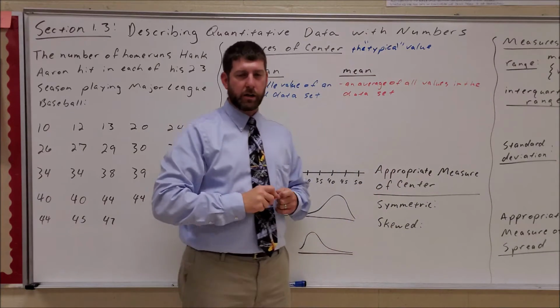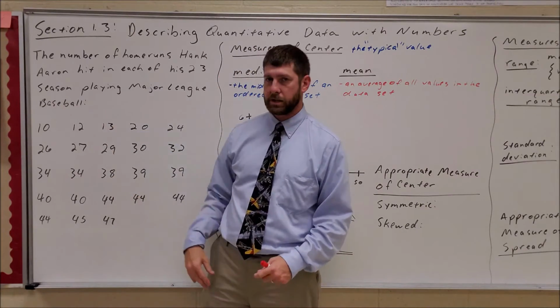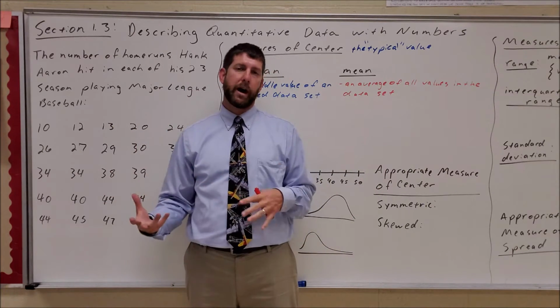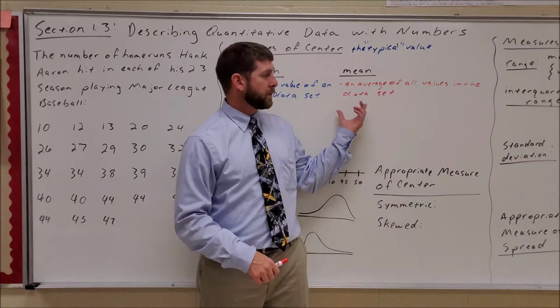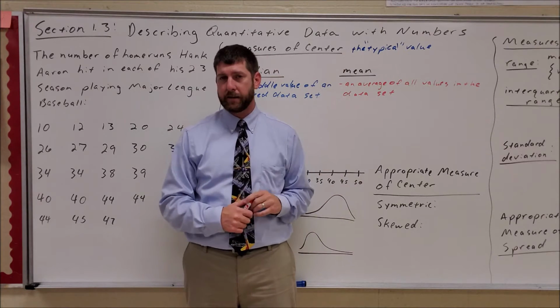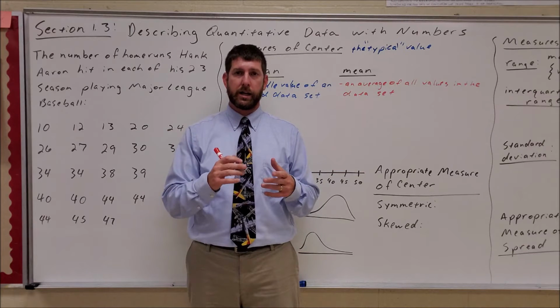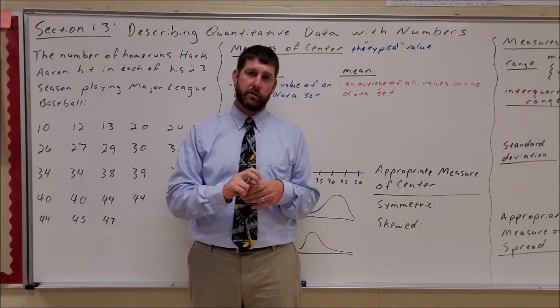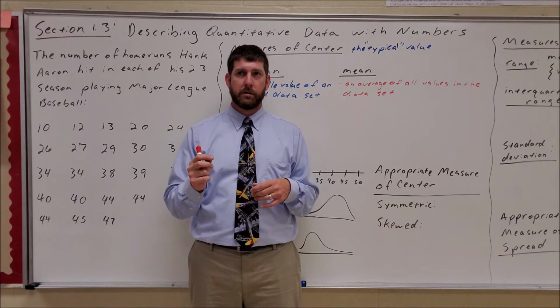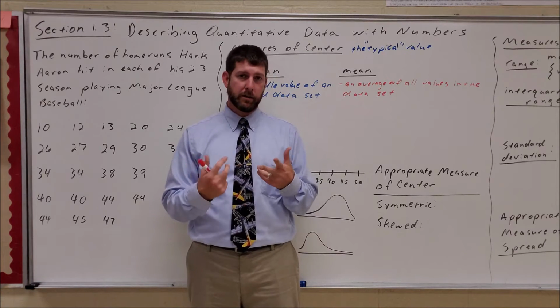You all know average: you take all the values, the entire list of numbers, add them all up and divide by however many there were. That's what I mean by the average of the data set. So let's step over to the calculator for a minute and look at how we can use some of our calculator features to get the mean and the median.